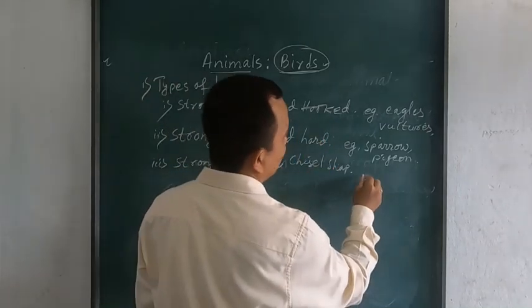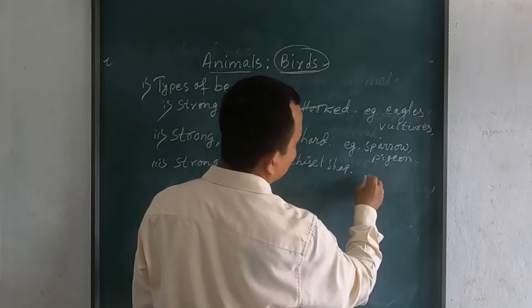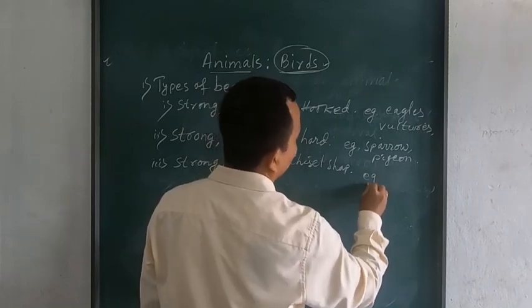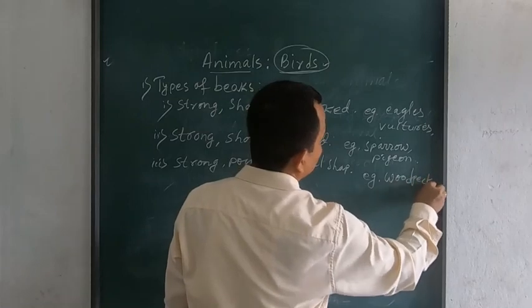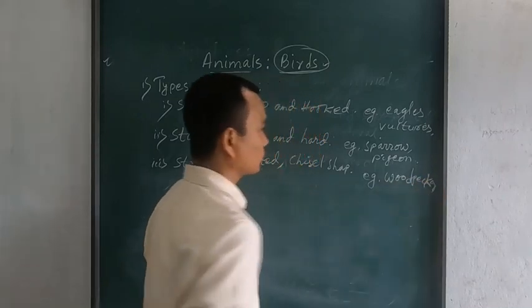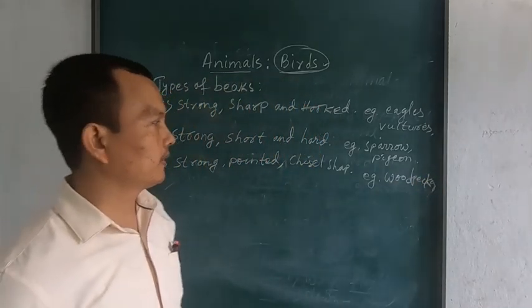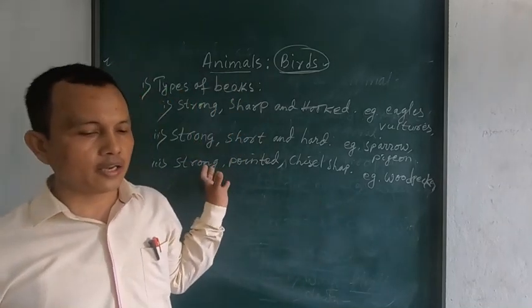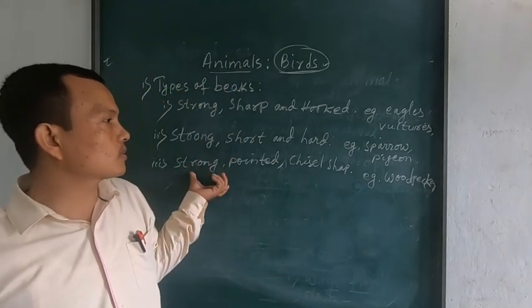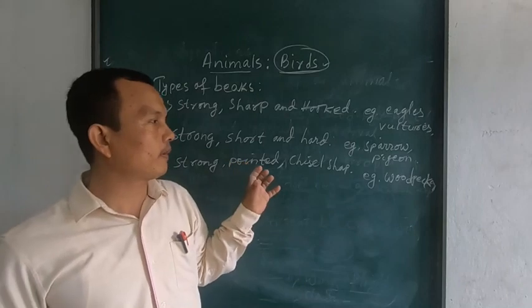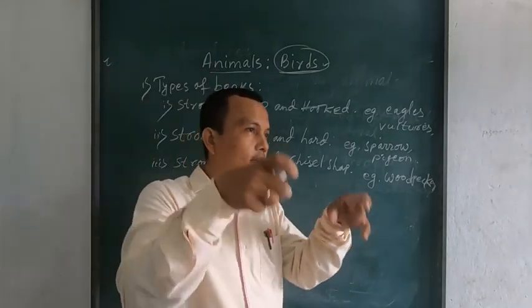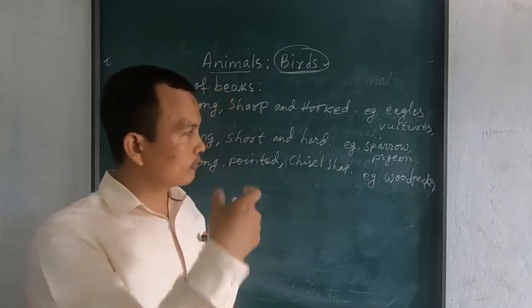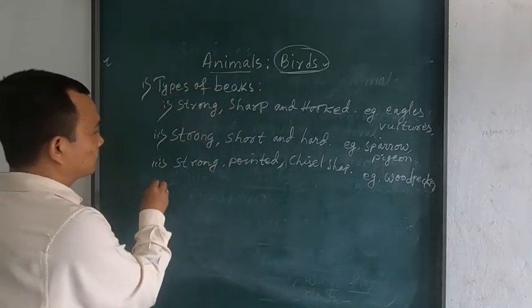We usually find it with the woodpecker bird. This type of beak helps to poke holes in a tree trunk where they can collect insects from the bark.